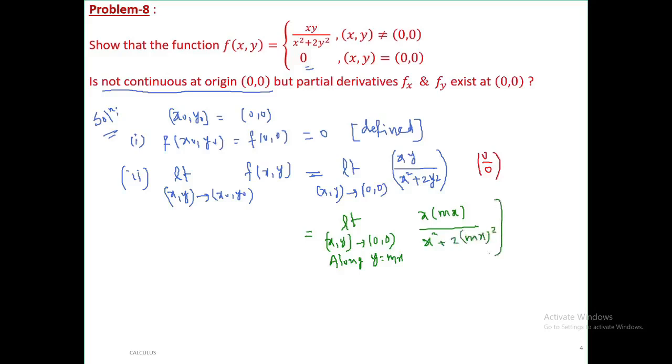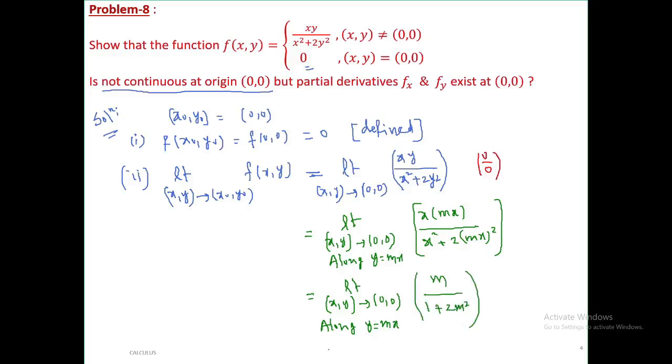Then what will you get? Limit x comma y reaching to origin along the y is equal to mx path. In the numerator x square is out, in the denominator also x square is out, leaving 1 plus 2m square.